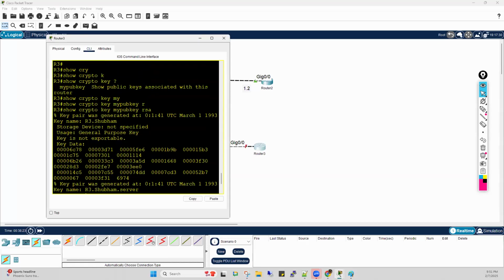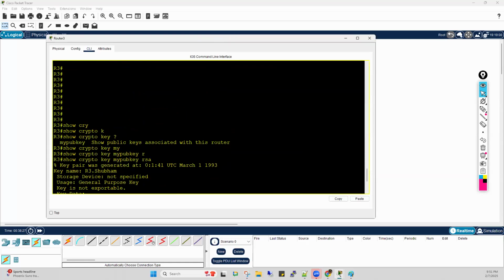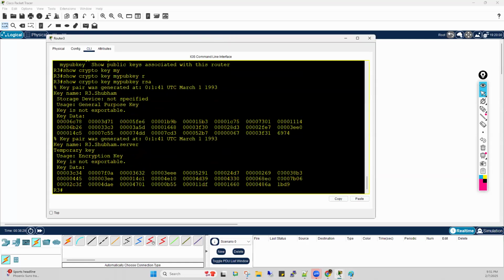These are the RSA keys that were generated. Right now I hope you will not understand; you will understand when you have some concept of VPN or something. Clear? Understand?